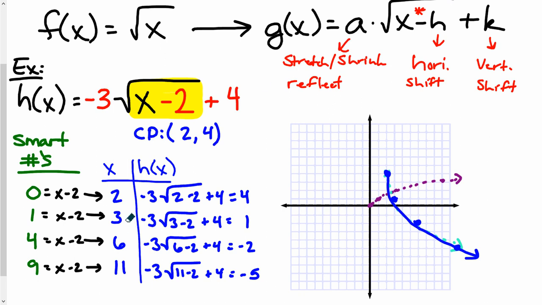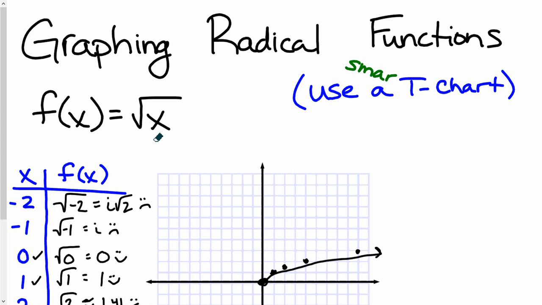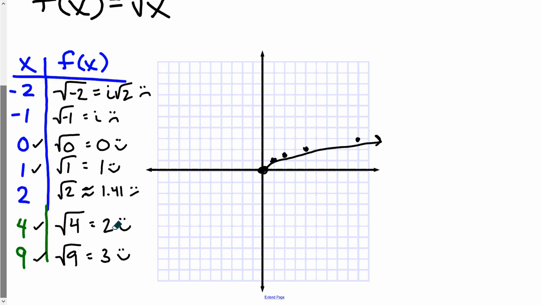The last thing that I want to go back and talk about for each one of these is one additional characteristic, and that is the domain and range of each of these functions. Okay, so please keep in mind that the domain is the list of all of the x values that are real within the function.